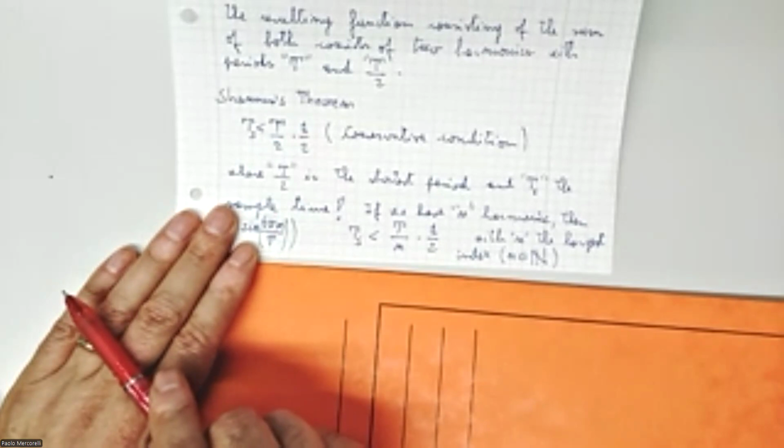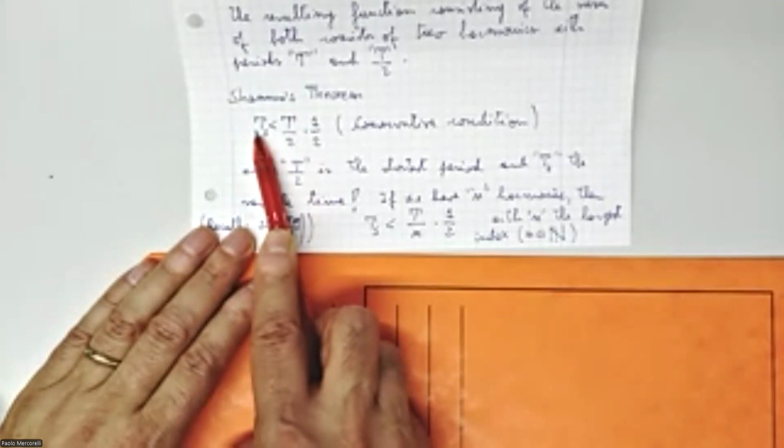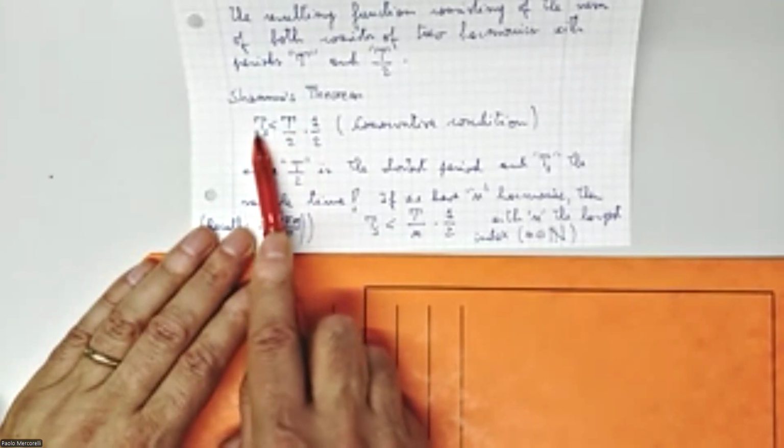Because if this is guaranteed for the blue, it's also guaranteed for the red. Because t larger than 4 times ts is valid also for t larger than 2 times ts.